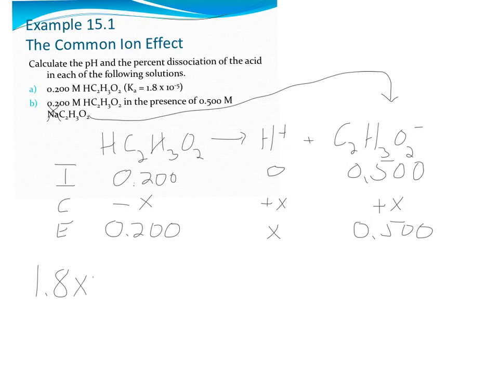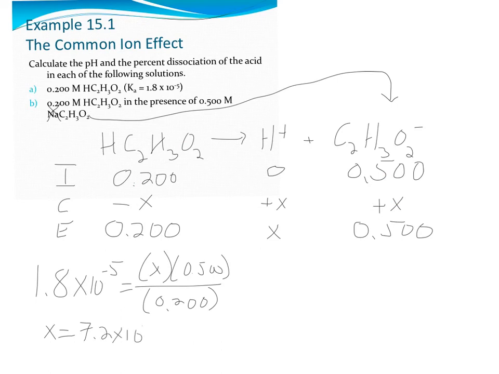1.8 times 10 to the negative fifth, that's my Ka, now equals x times 0.5 all over 0.2. That x value comes out to be 7.2 times 10 to the negative sixth power.